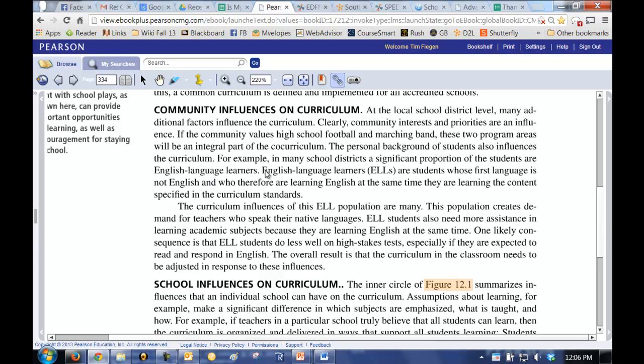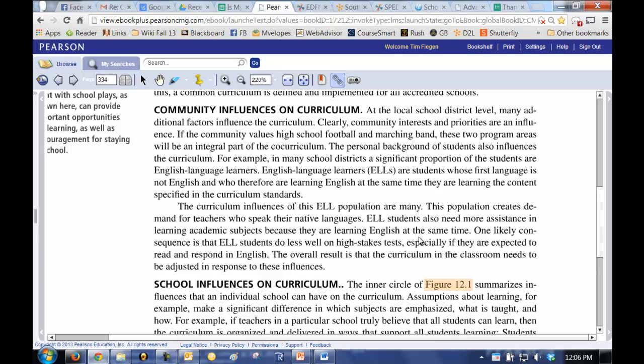But you certainly would be impacted by English language learners here. It says the curriculum influence of ELL populations are many. The population creates demand for teachers who speak the native languages. And you talk about a challenge is finding those teachers. We're starting to get a nice group, and some of you are included in this, that have Spanish that can teach that, but we're starting to get these kids from all different backgrounds, Africa and such, that we don't have any communicating teachers for.